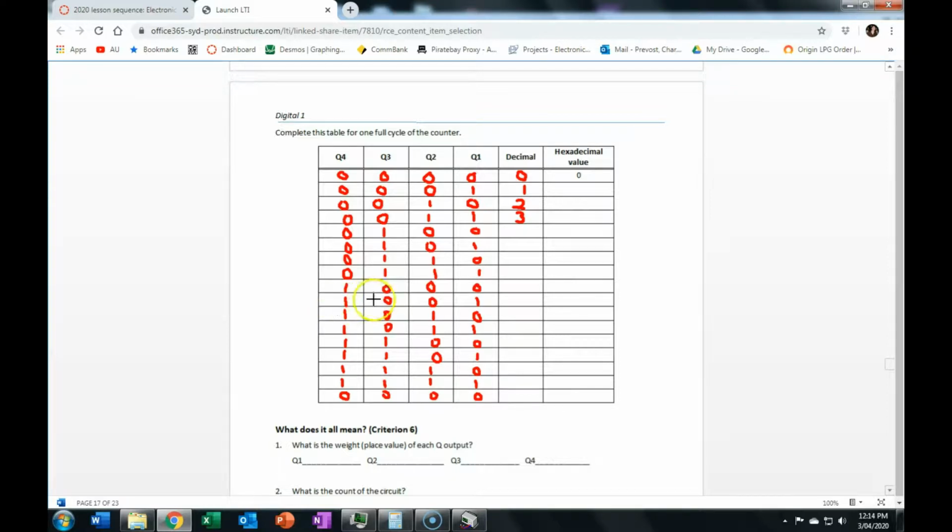You may also notice that this one changed when this one went from a 1 to a 0. This one changed when this one went from a 1 to a 0. See that pattern forming there? In fact, this is the key to how this works: the output of this flip-flop is determining when this one changes. In decimal, we would count this just sequentially, so 5, 6, and so on, up to 15.